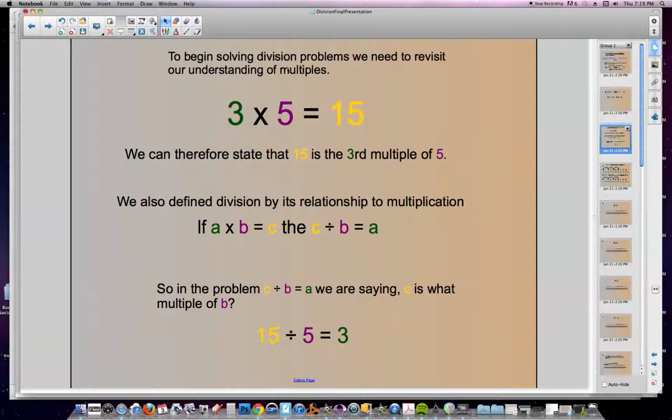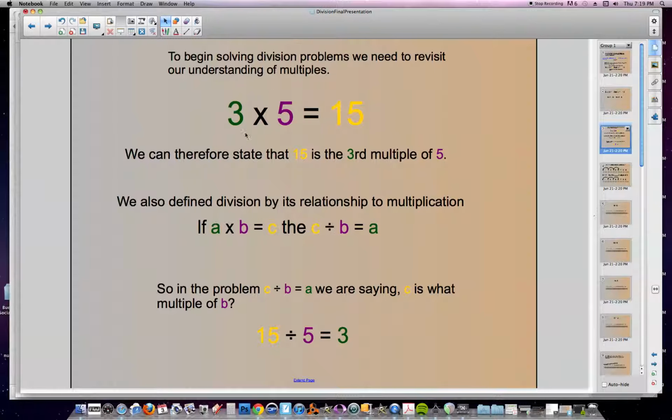If we're counting that by lengths of 5, 5, 10, 15, then 15 is the third number we get to when we're counting by 5. So we can also look at this example and say, okay, well, C divided by B equals A. We're saying C is what multiple of B? 15 is this length, and we're counting by segments of 5. So how many segments of 5 are we going to get out of 15? And the answer is 3.